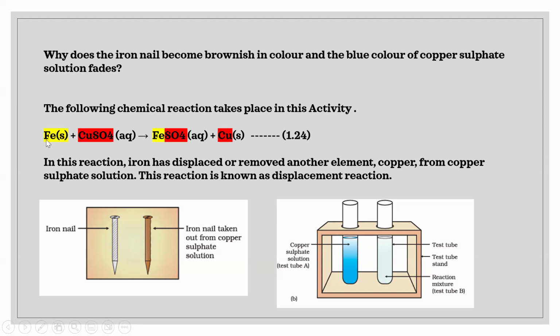The following chemical reaction is taking place. As I already told, the iron displaces copper from the copper sulfate solution and forms ferrous sulfate solution, and copper metal is getting deposited on the iron nail. So in this reaction, iron has displaced or removed another element, copper, from copper sulfate solution. This reaction is known as displacement reaction.